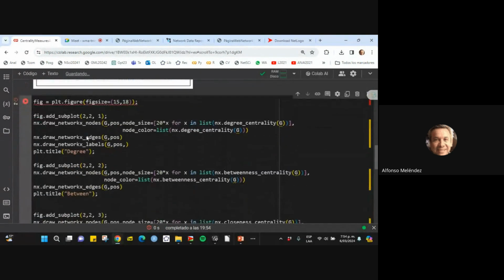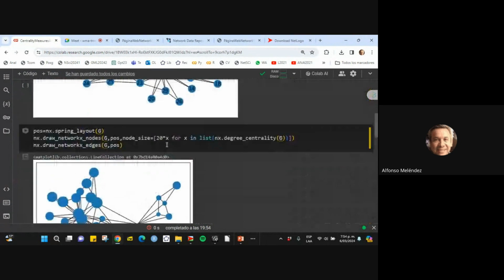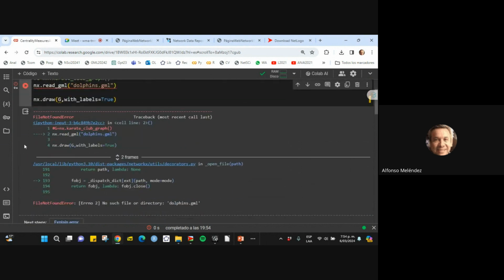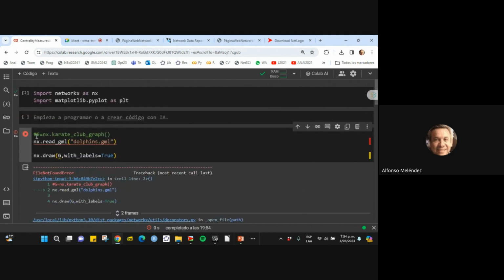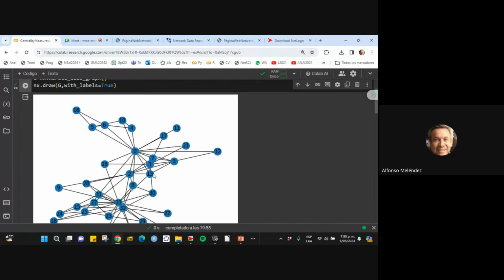Here you could visualize the different centralities of the network. Let me run this one again. This is a small network.